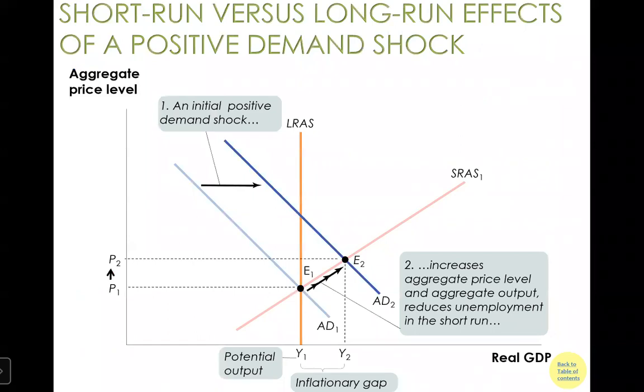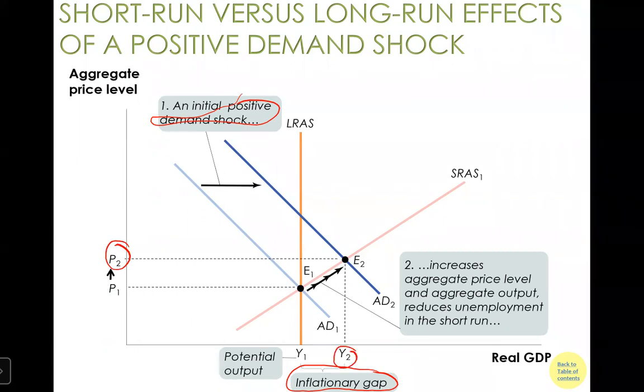From this graph, we are in the inflationary gap. This is after a positive demand shock. As we see from the previous slide, price is going to rise and output is going to exceed potential.